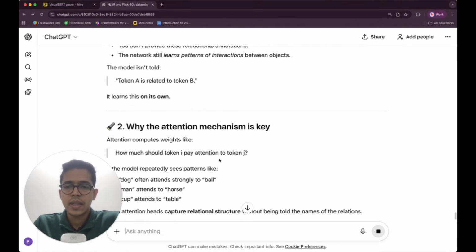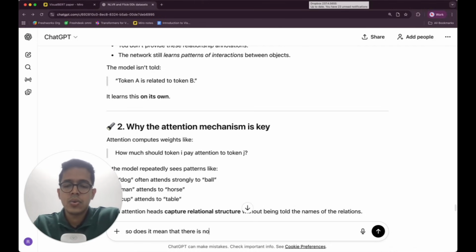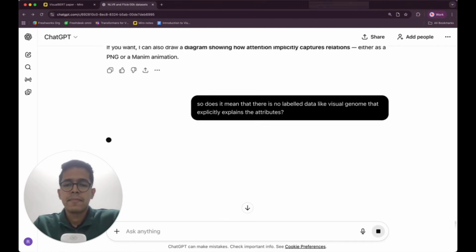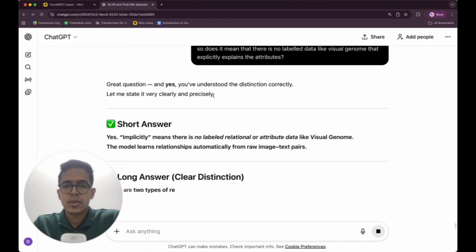So does it mean that there is no labeled data like visual genome that explicitly explains the attributes? I guess that's what, yes, you have understood the distinction correctly.